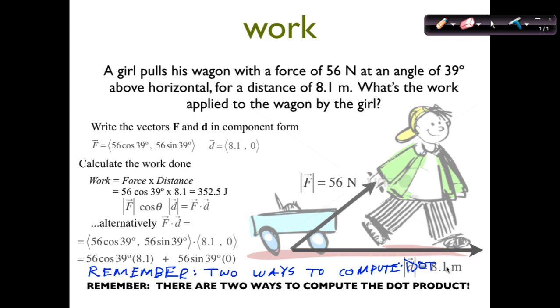You can do it by multiplying the corresponding components and adding. But this is another way now: the magnitude of the first vector times the magnitude of the second vector times the cosine of the angle between them when they're tail to tail gives you the same value. And that actually reflects the meaning that we were working on better, right? That's really reflective of the meaning, the product of the magnitudes in as much as they're in the same direction. Questions on the work example?